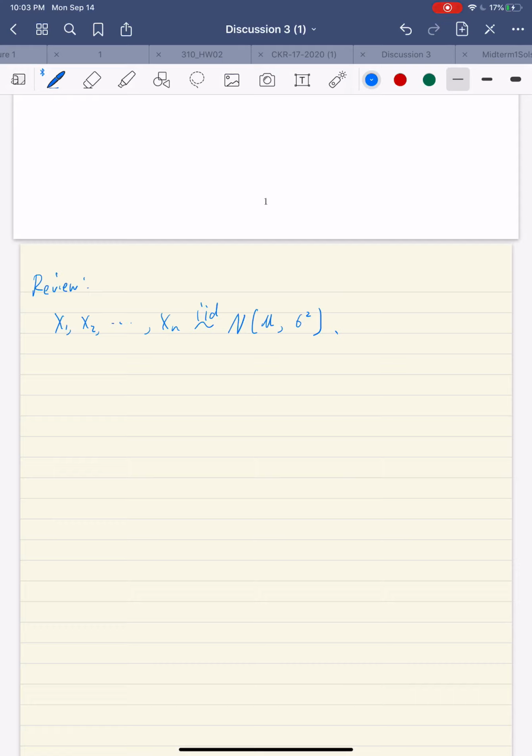The first one is we know that the sample mean minus mu divided by the standard deviation, times the square root of n, will also follow the normal distribution with mean 0 and variance 1.